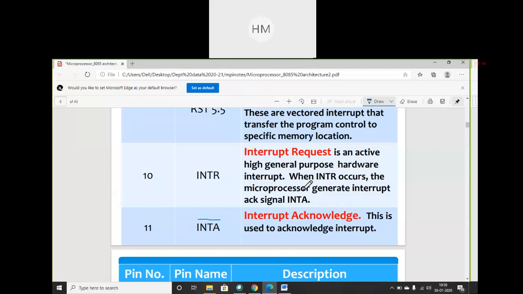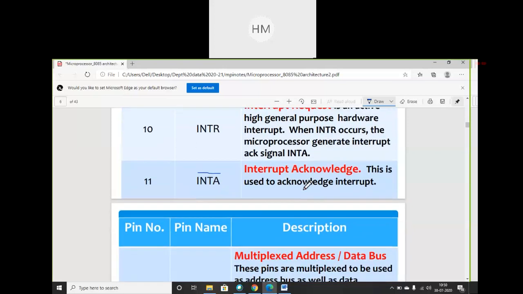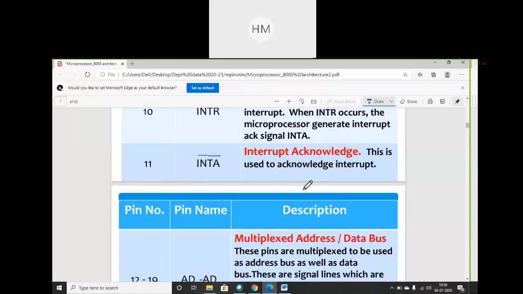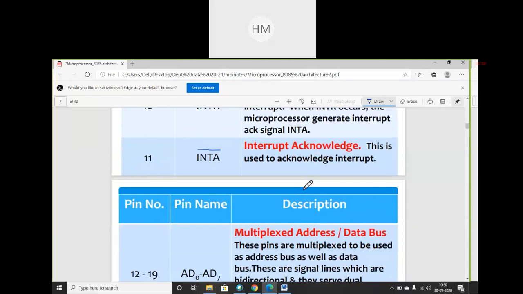So here the microprocessor will now send an interrupt acknowledgement, saying that I have received the signal. Now I am acknowledging you that I received, now I will give my control to you. So that is my interrupt acknowledgement. Clear? Is it clear?